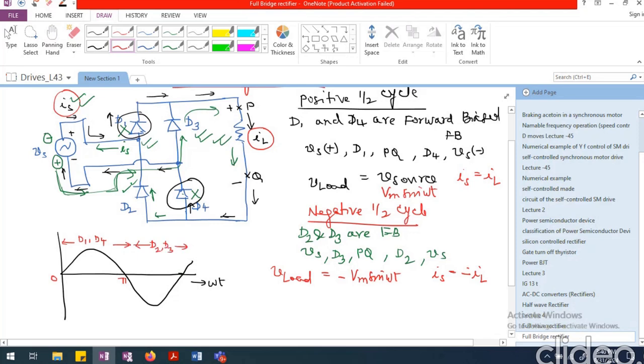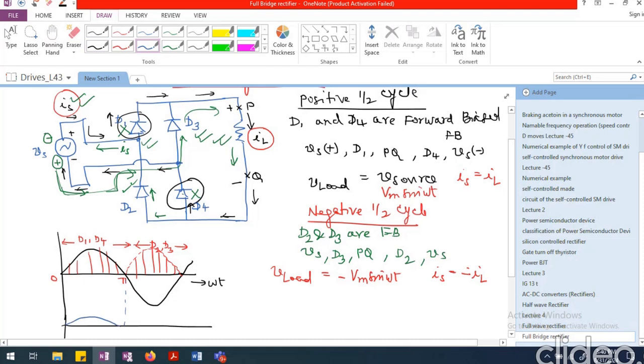During D2 and D3 conduction, what we see across the load is somewhat like this. This is the load voltage during the positive half cycle, and this is the load voltage during the negative half cycle. If it is a resistive load, the current will be exactly similar to the voltage.